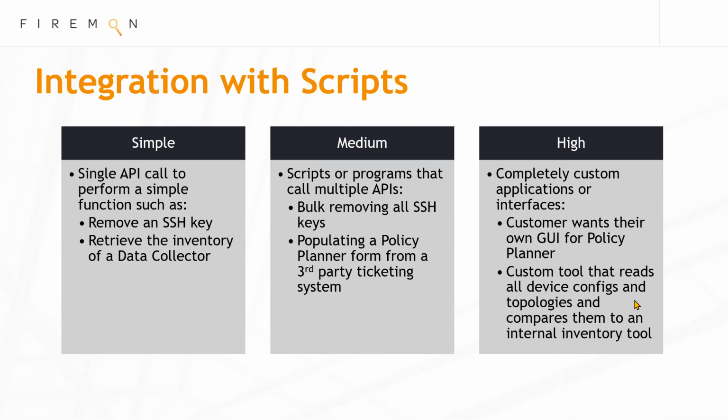And if they're not meeting the criteria for that pre-approval, they route them for approval and then go through the approval stage. So there's a lot you can do to modify exactly how that happens. And in some cases, you can drive it all outside of your FireMon ecosystem if you wish. You could have your external scripts or applications completely use all of the data that FireMon has and those compliance checks to drive the behavior of your other applications.